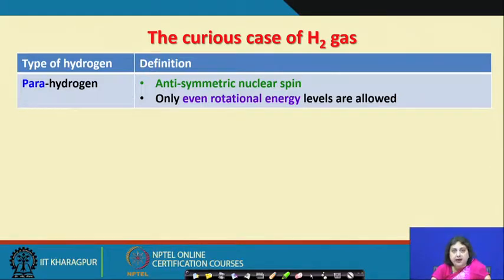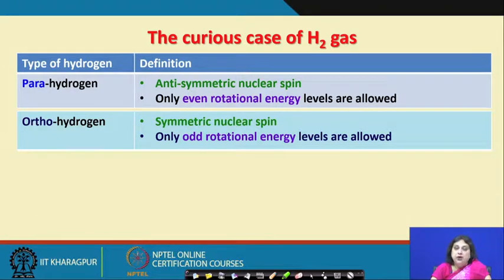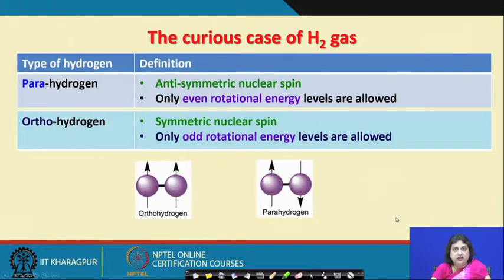One is called para-hydrogen, which we now understand is associated with the antisymmetric nuclear spin wave function, and accordingly only even rotational energy levels are allowed for this system. And for ortho-hydrogen, we have a symmetric nuclear spin and only odd rotational energy levels are allowed.